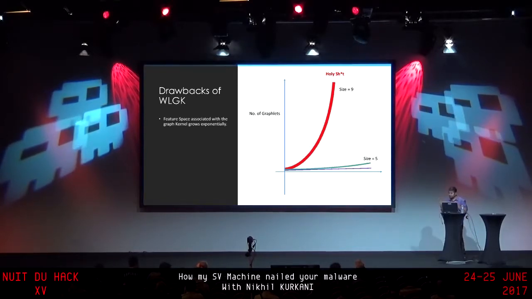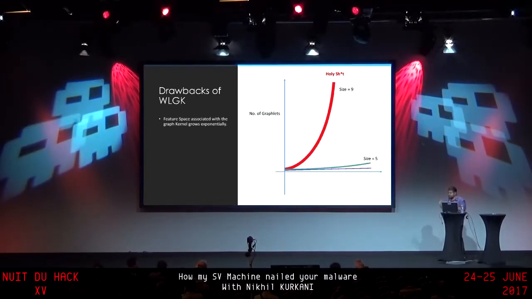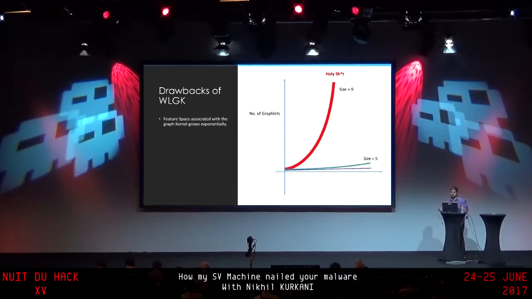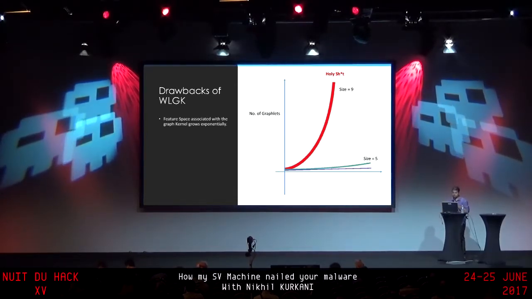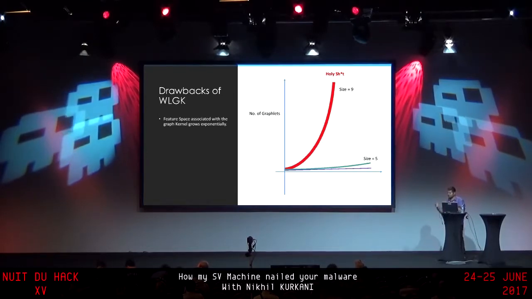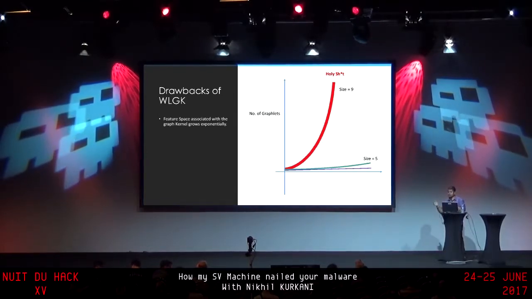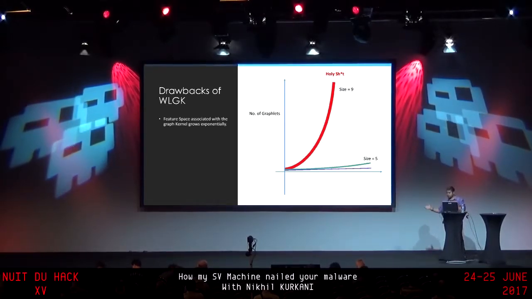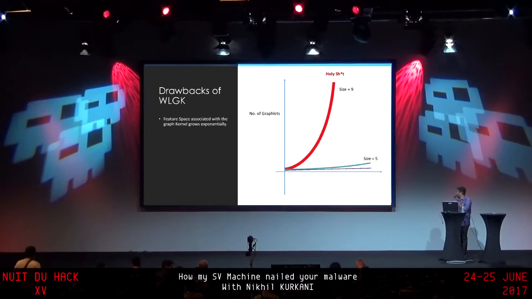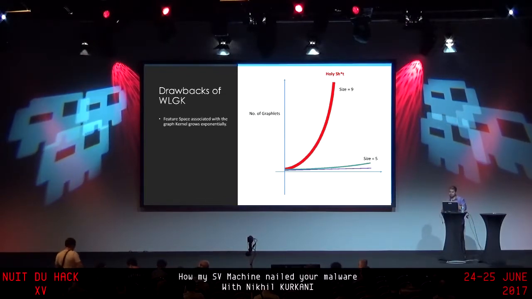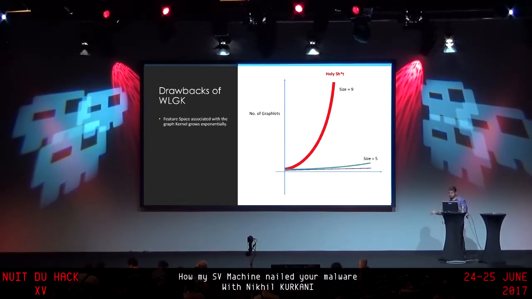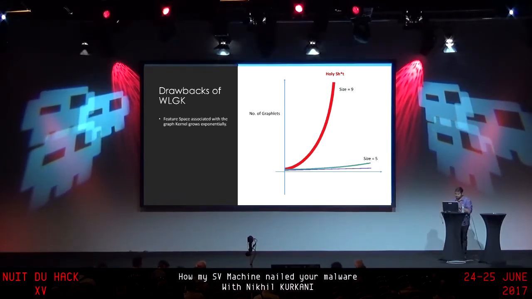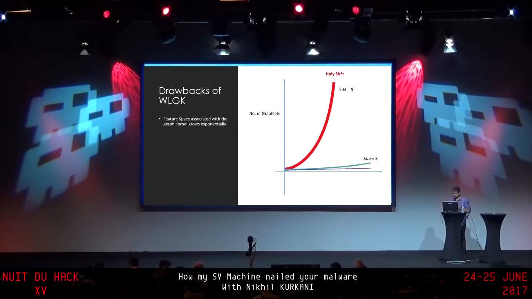This is the exponential increase that happens. After this, there would be very few similar graphs or subgraphs that you would see, so they won't be able to see any similarity between each other, and the graphlets won't match. You would obviously end up getting the wrong results about things being malicious or not malicious.